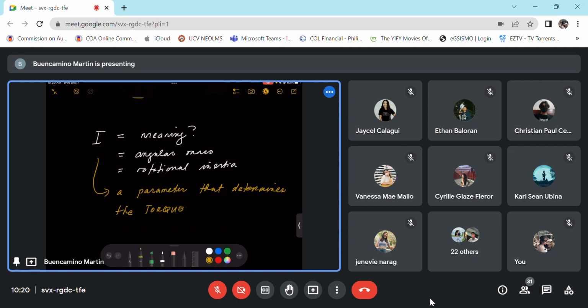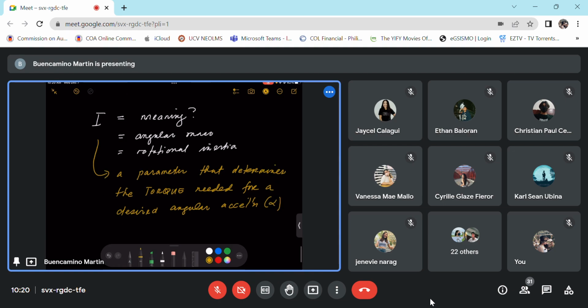needed for a desired angular acceleration, referring to your alpha, about a rotational axis.